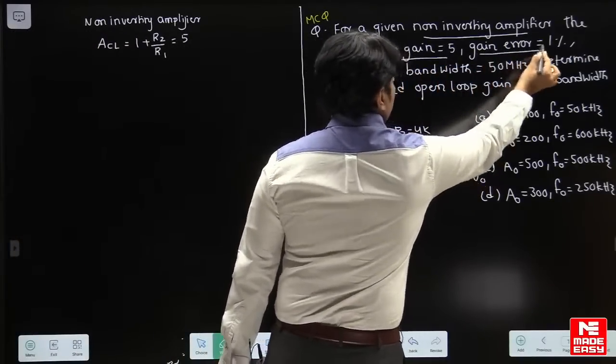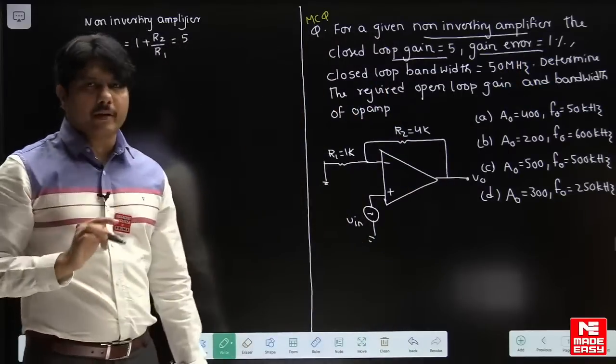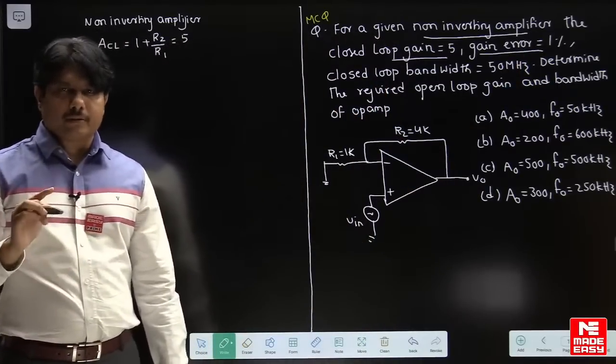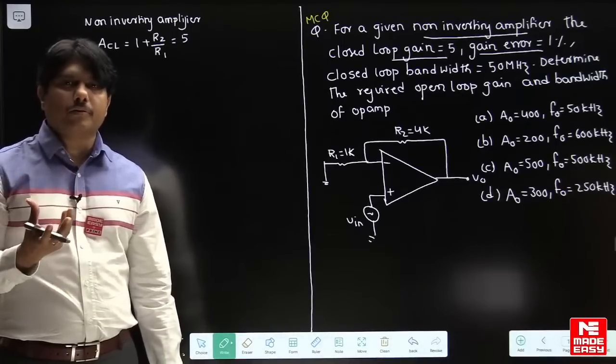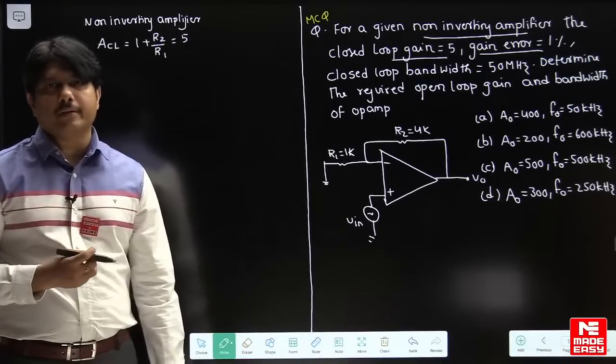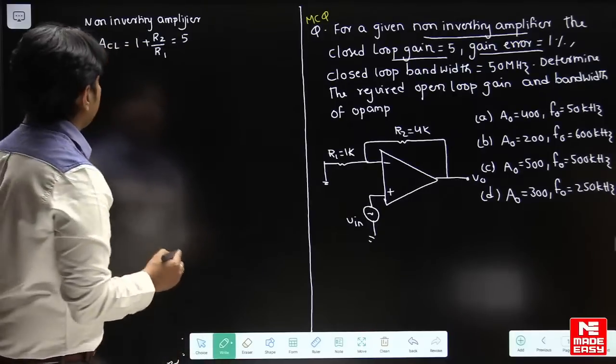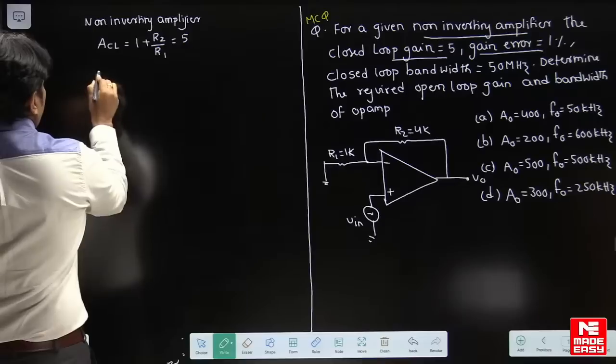Next, most of the students will get confused with this word gain error. This is called open loop gain error. In any closed loop system, the open loop gain will come into the formula. What is the realistic formula?